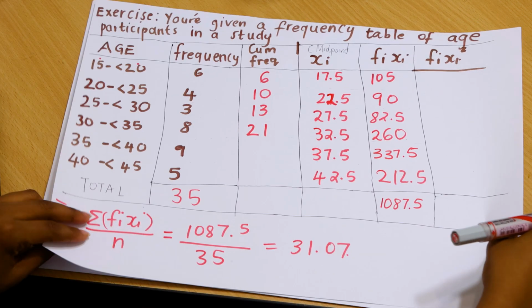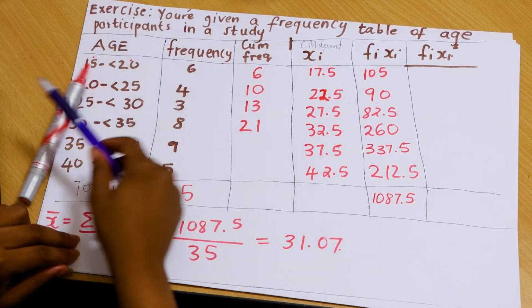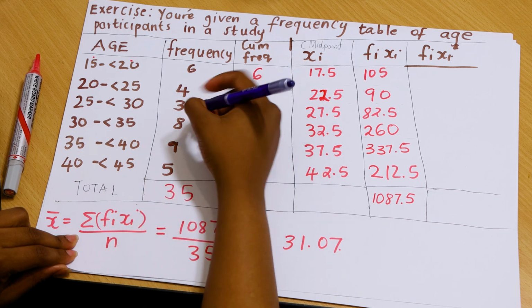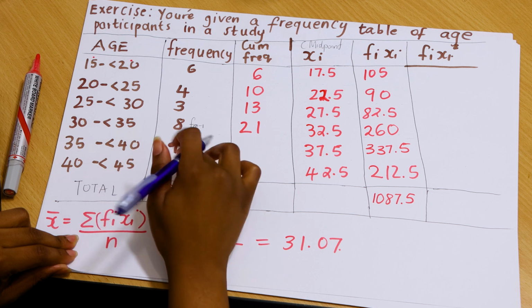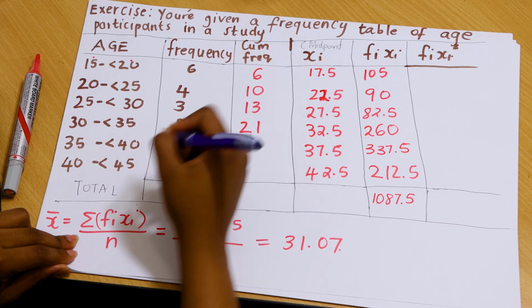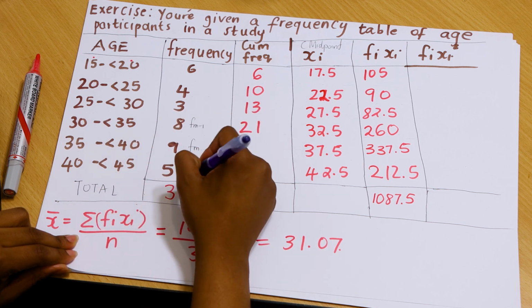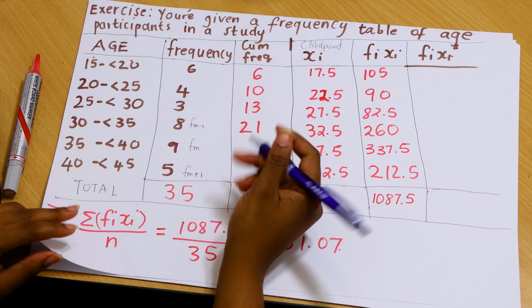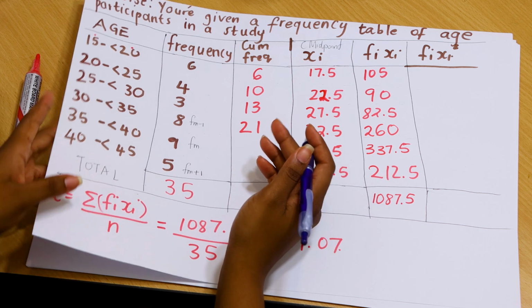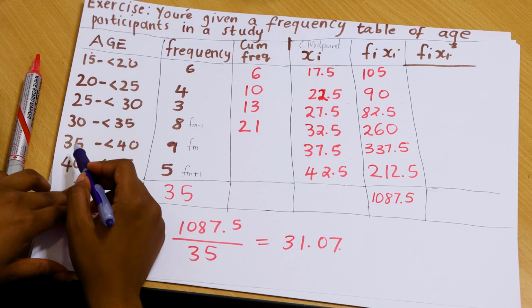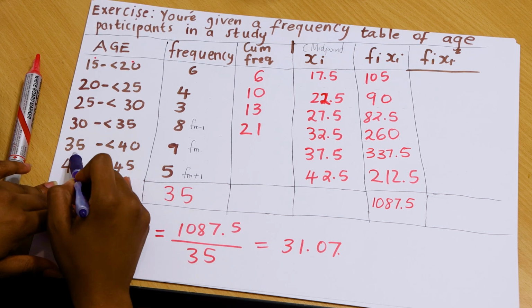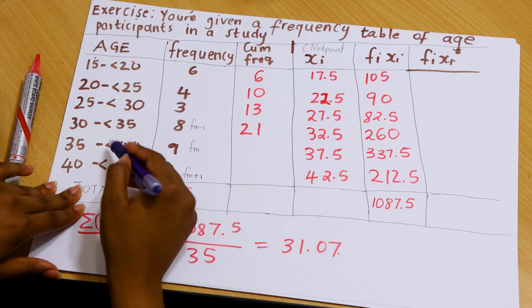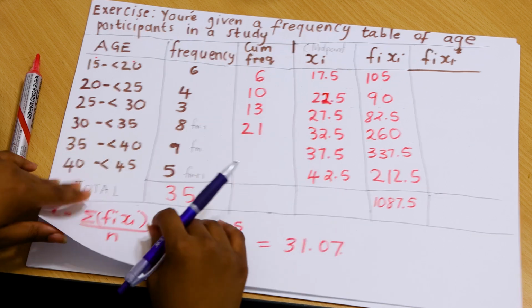So again, as we can see, we said this is our modal interval. So this would be our fm minus 1 because it's the interval before, right? Then it would be our fm, and then this would be our fm plus 1. Therefore, we substitute those into the equation. And then again, because this is the modal interval, this would be the lower limit of that interval. And then C again would be 40 minus 35, which is 5.